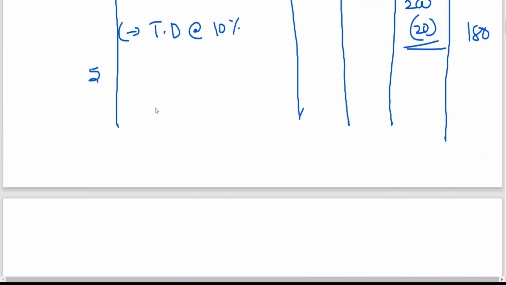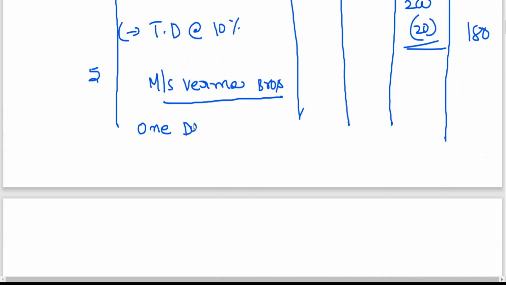Fifth, Messrs Verma Brothers, at the rate of 1 rupee 50 each.